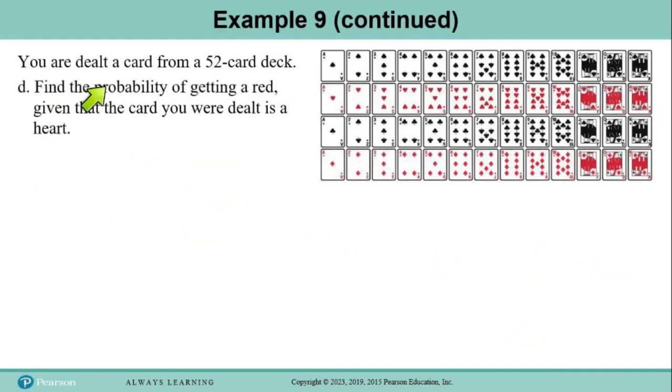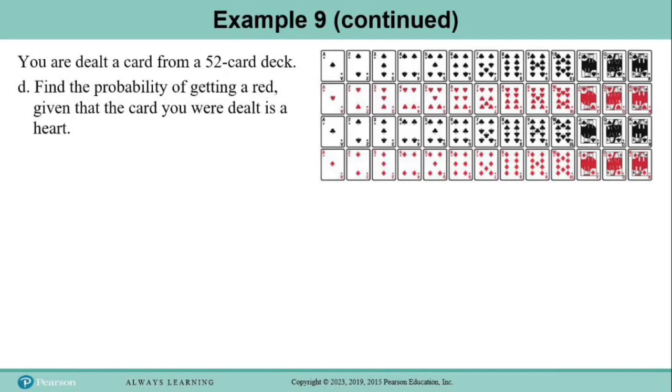And part D, find the probability of getting a red card given that the card you were dealt is a heart. Okay, now see, this is why it's so important to write the problem down, because this is not the same problem as we had a while ago when we were supposed to be finding the probability of getting a heart given that we're drawing a red card.